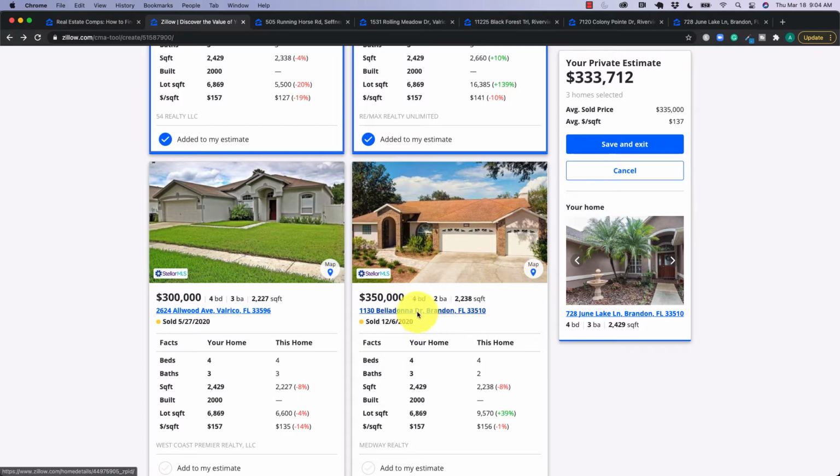Whereas this property was sold pretty recently, only 3 months ago, around 350. We have to go back and see what this property looks like on the inside.